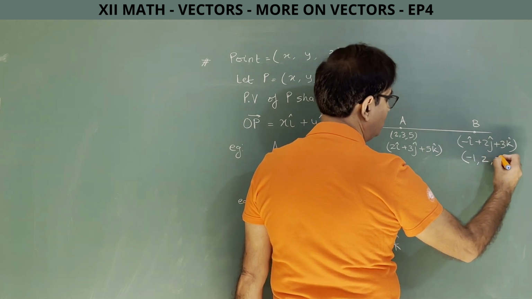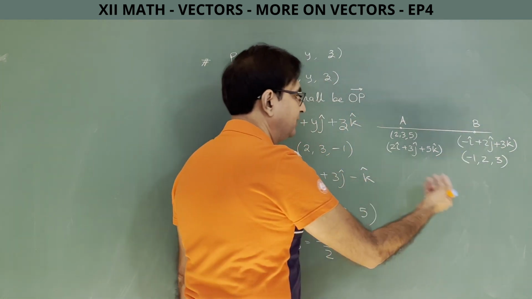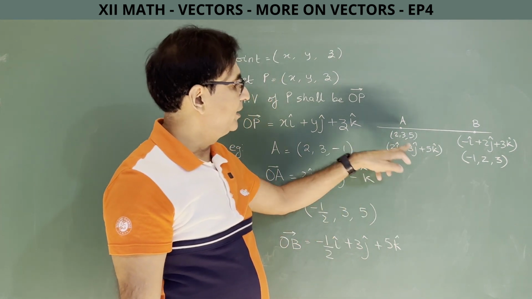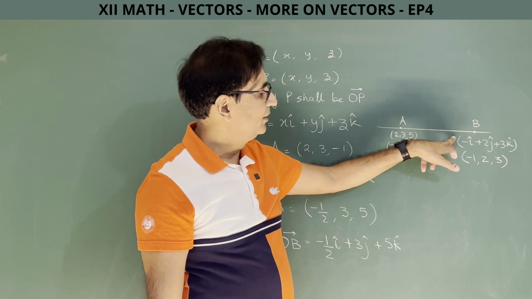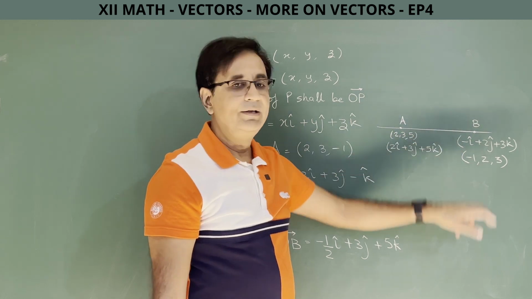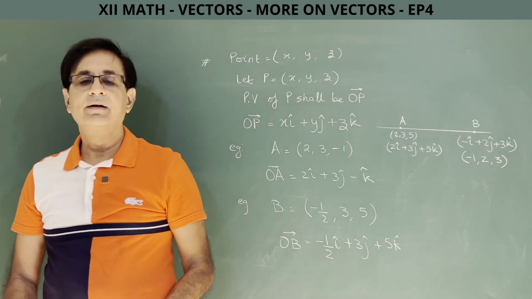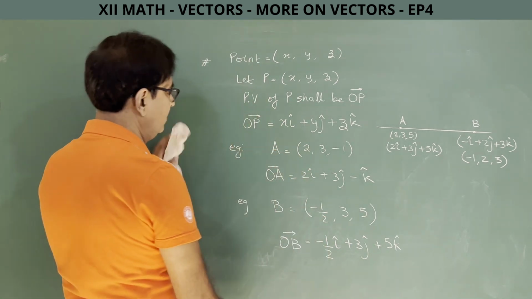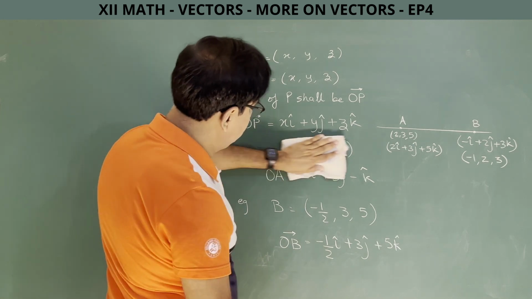Minus 1, 2 and 3. So it is so quick to infer one piece of information from the other. If you are given the coordinates, you know the position vector of the point, and if you are given the position vector of the point, you can immediately find the coordinates of that point. Now I will rub these examples.